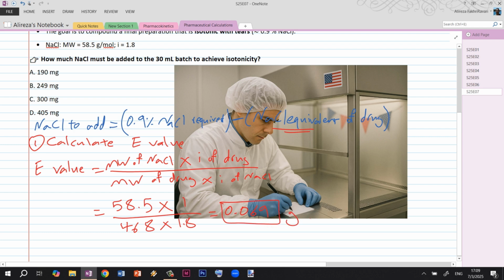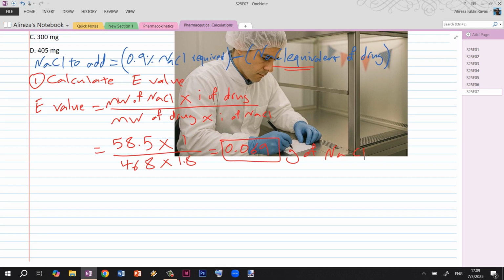So this is grams of sodium chloride. That's how much 1 gram of tobramycin would be equivalent to, or you might consider 69 milligram of sodium chloride. Same thing. Now that we have E value, you go to second step, which is determine grams of tobramycin in the final product.